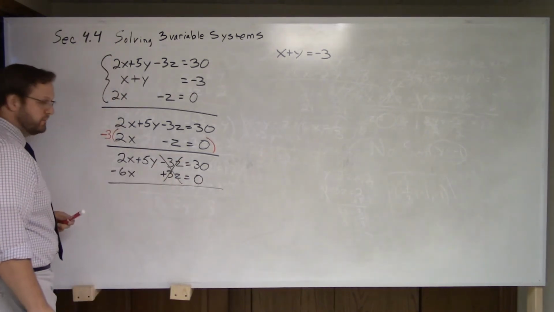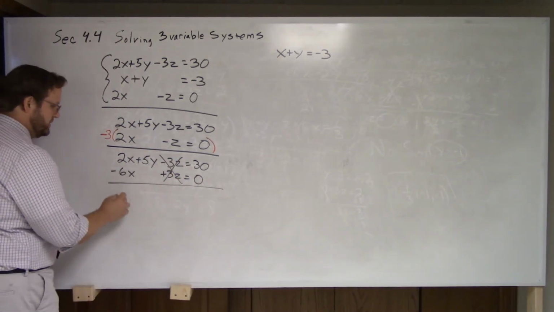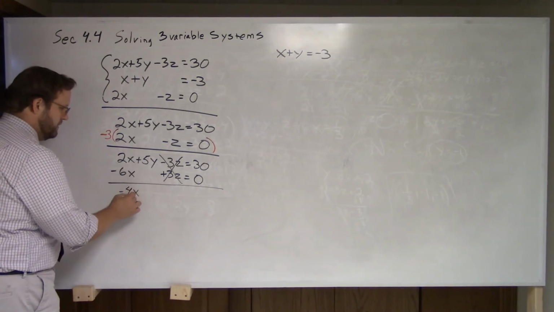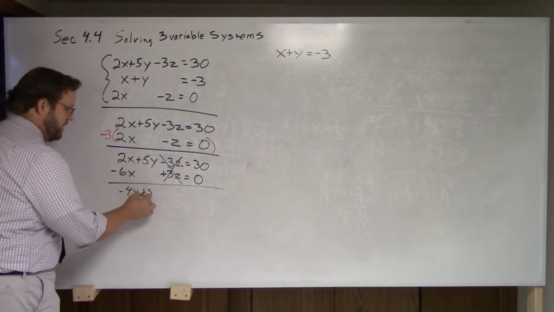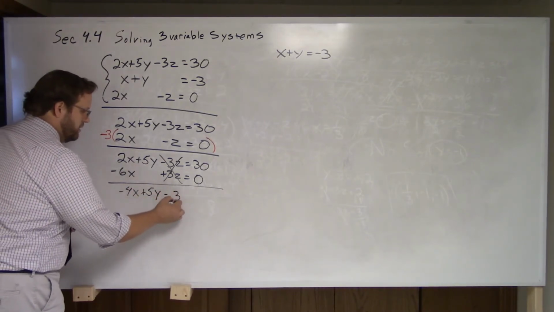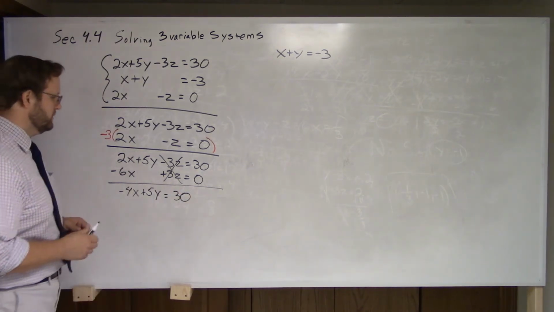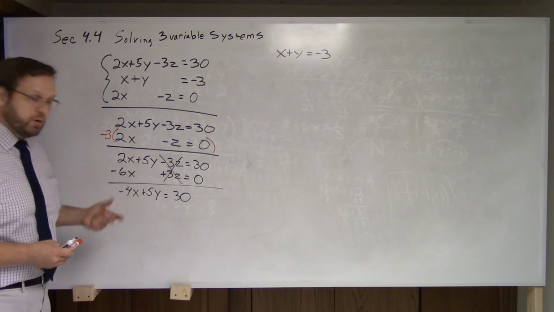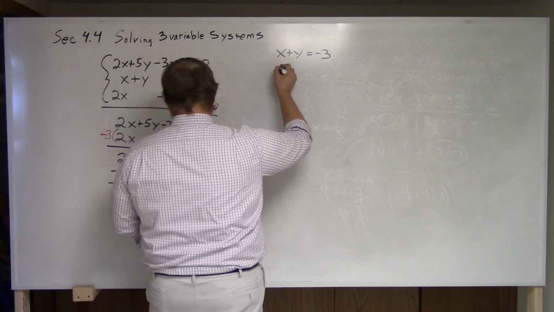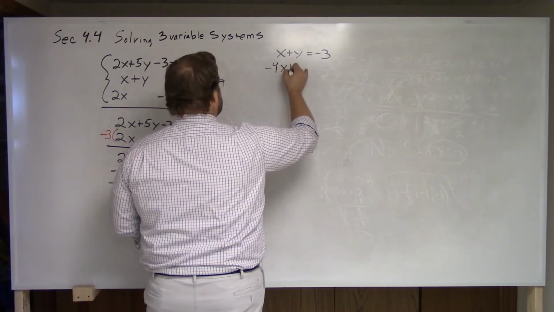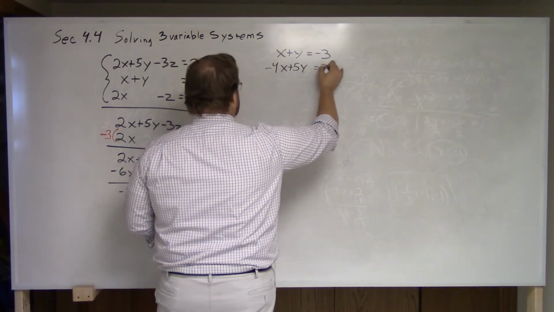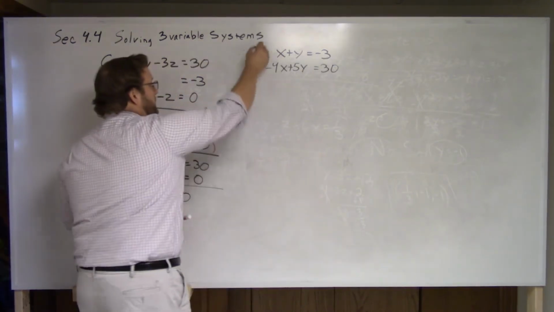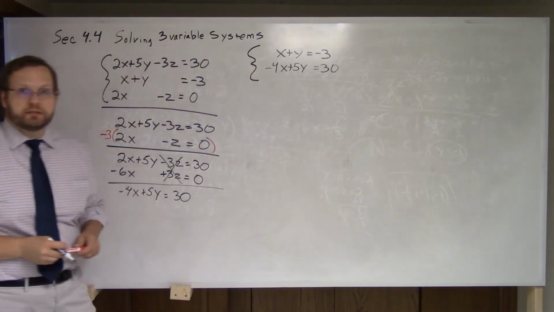That eliminates. 2 minus 6 is negative 4x. 5 and nothing is 5y. And then 30 plus 0 is 30. And now I have a new xy equation that I can pull together with this. And now I solve this.